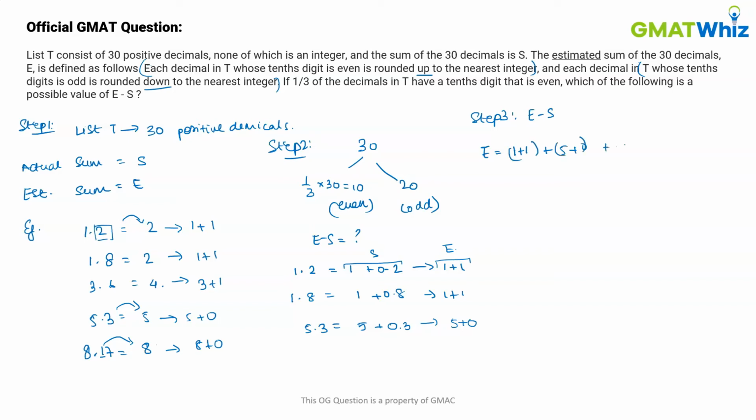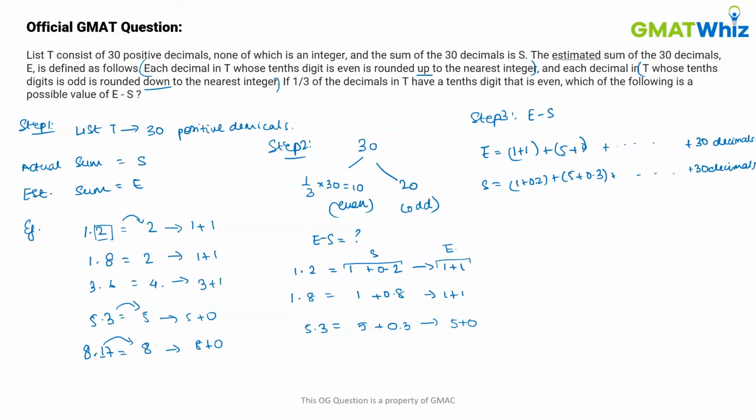Similarly, like this, we will have 30 numbers, and the actual sum will be equal to, the first number we considered was 1.2, so the actual sum will be 1 plus 0.2 plus 5 plus 0.3 and so on till 30 decimals.